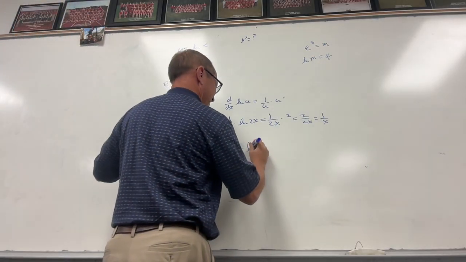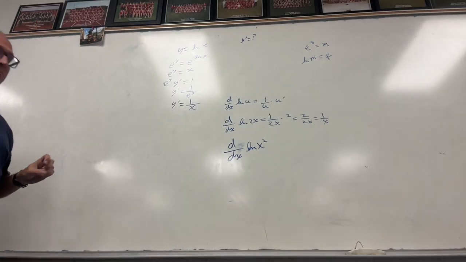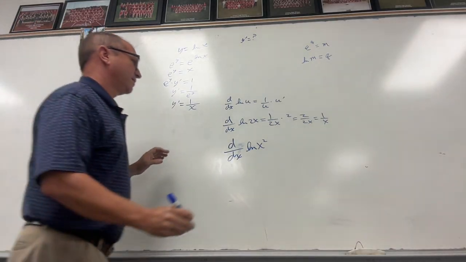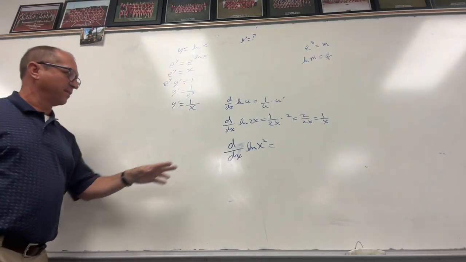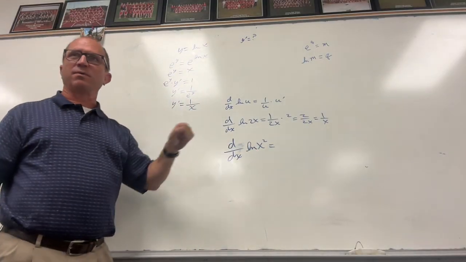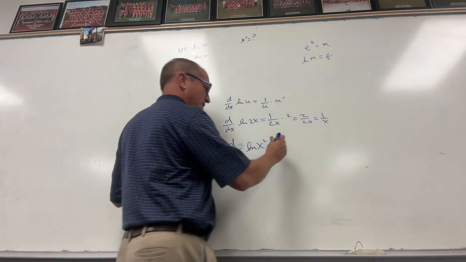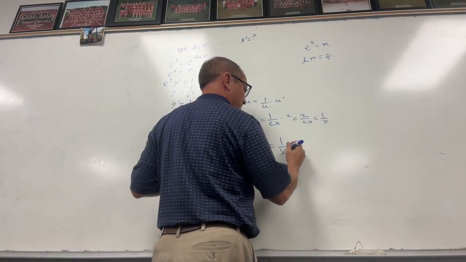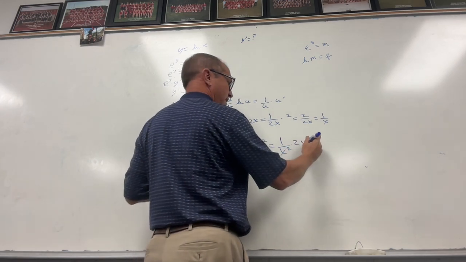Let's go with the natural log of x squared. Okay? Well, what is the derivative of the natural log of x squared? 1 over x squared, right? Times the derivative of x squared, which is 2x.